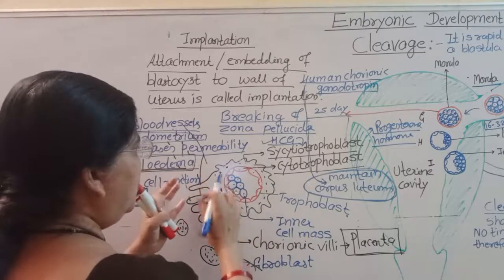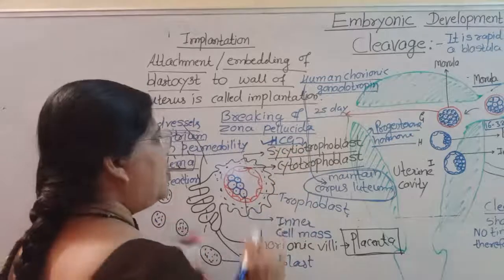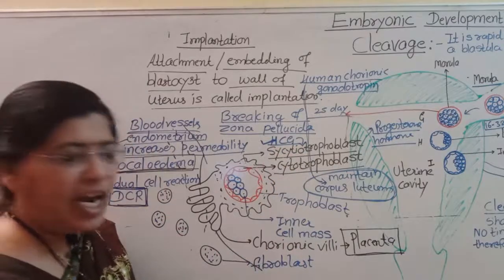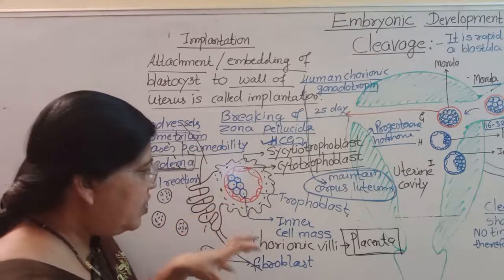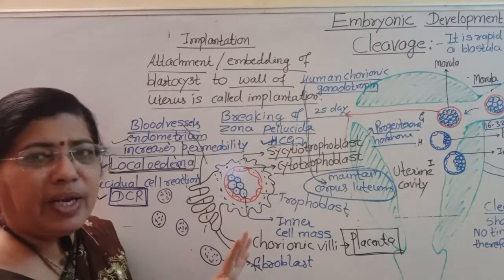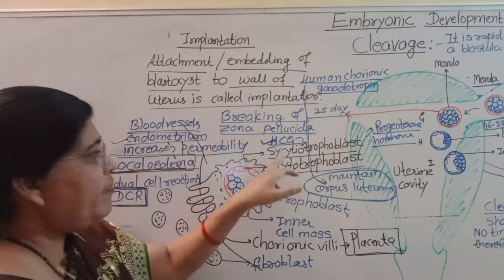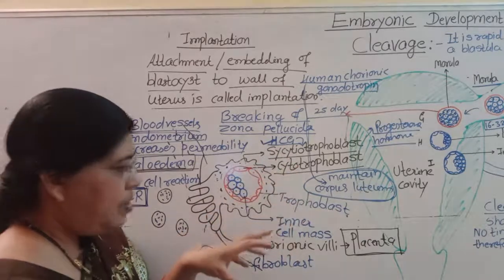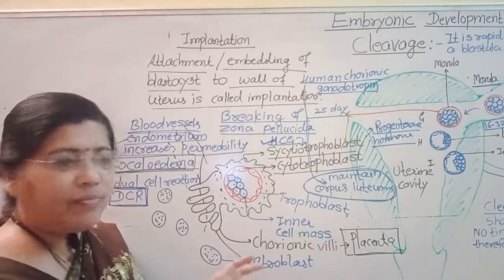The syncytiotrophoblast produces HCG, which is present in the urine of pregnant female. It is the sign of pregnancy. So presence of HCG hormone in the female urine is the first sign of pregnancy.